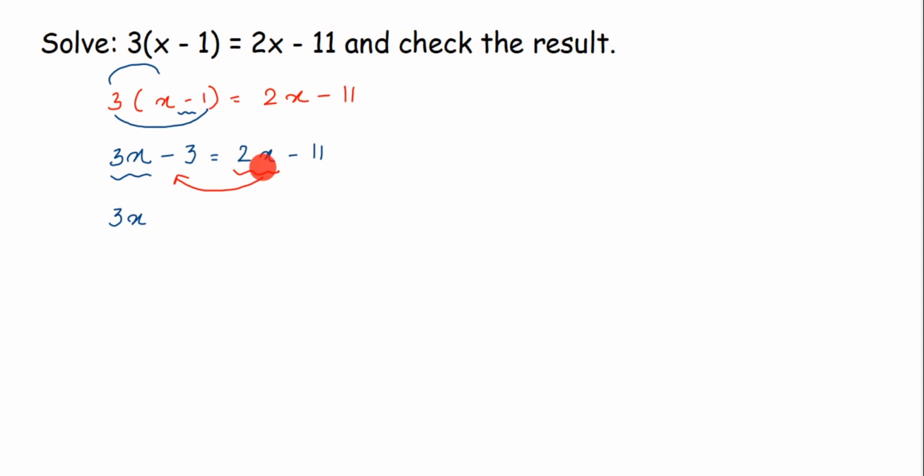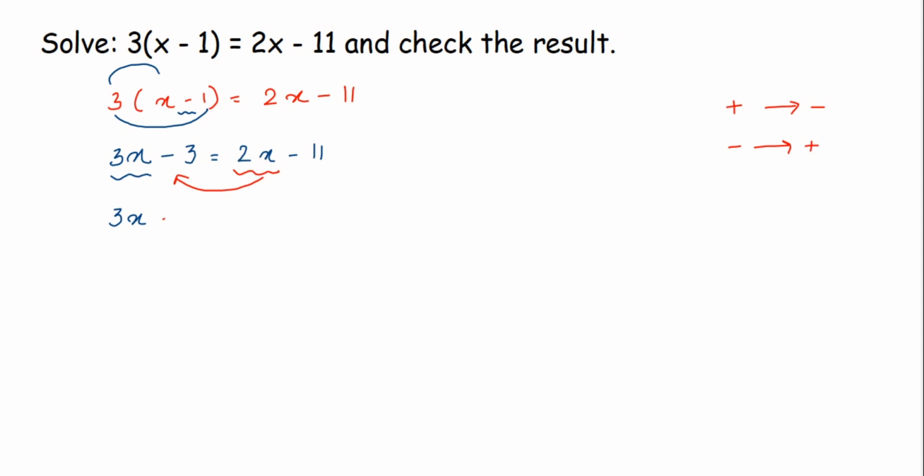In the transpose method, you transfer the terms or the constants. So here I have a 2x. I want to transfer that to the left side. When you use the transpose method, the sign will change when you are doing the shifting. The plus will change to minus and minus will change to plus. So 2x is positive. When it goes to the other side, it will become negative.